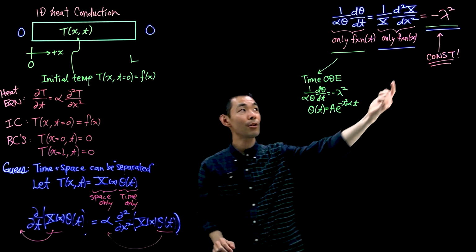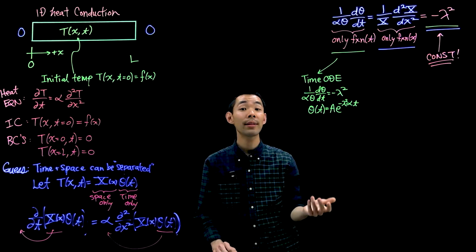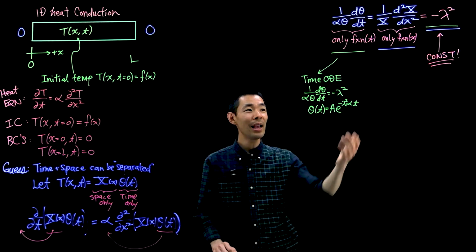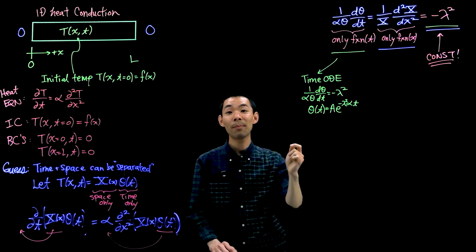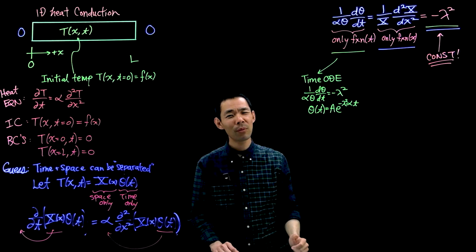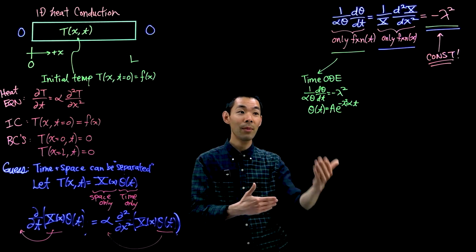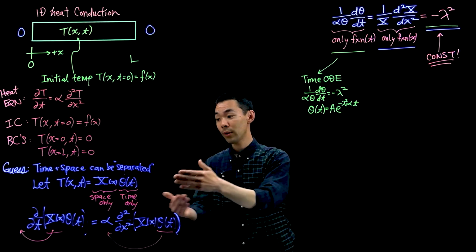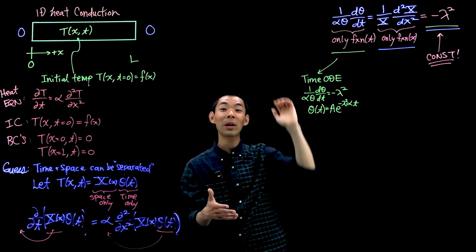Suppose you didn't choose negative lambda squared, but you instead chose a positive lambda squared. Then you get a positive number here, and then in your exponential, you'll have e to the positive alpha lambda squared t. That would be really unphysical, because that would say that as you wait in time, your theta, or in other words, your temperature, will be exploding exponentially quickly.